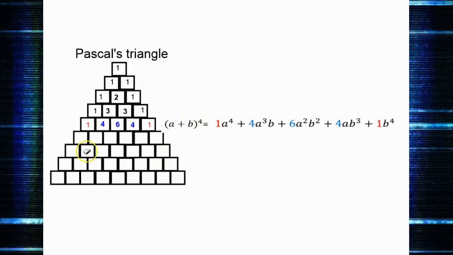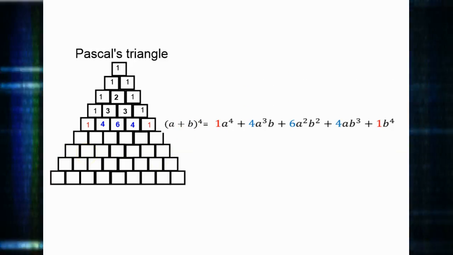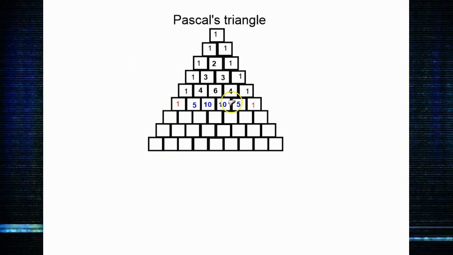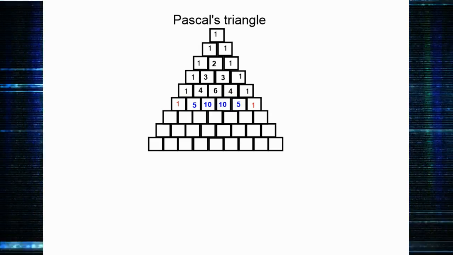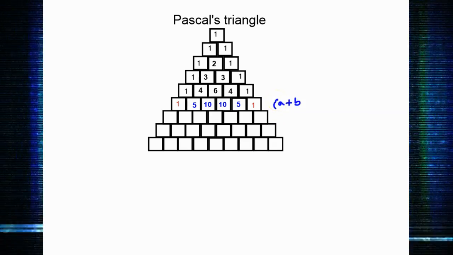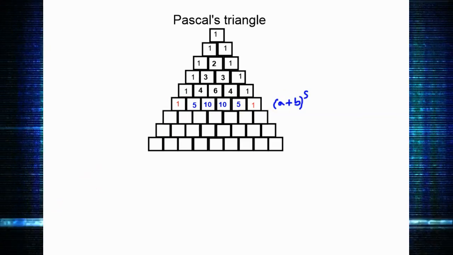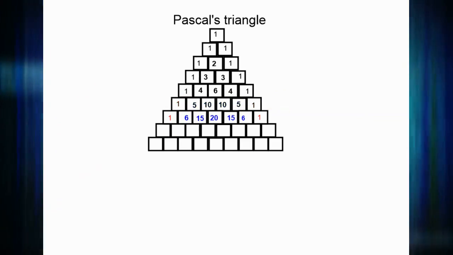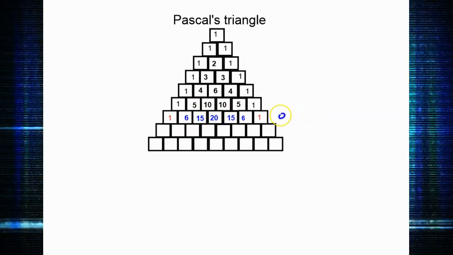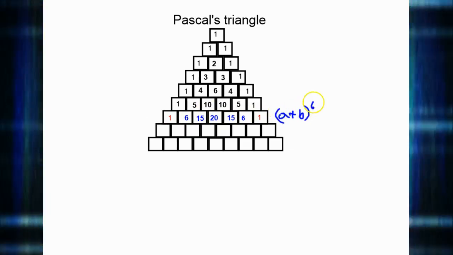So we could keep repeating this process to get the rest of Pascal's triangle. So 1s on the ends and add to get the middle values. So as an example, for this row right here, we have 1 on the ends and we add to get the middle values. This is what we would get for the coefficients of a plus b to the fifth power. The next row, if we applied that process of putting 1s on the end and adding in the middle, we'd end up with the coefficients for a plus b to the sixth power.